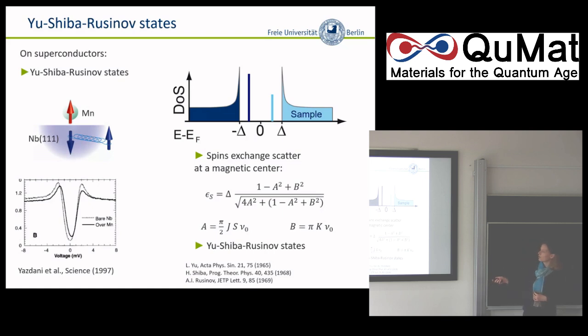But I think the most important thing to note is that exchange coupling dictates where your states are inside the gap. Now you also see that this should be symmetric in energy at positive and negative bias voltage, and this is because a superconductor is always particle-hole symmetric. So also your excitations should be particle-hole symmetric. That's why you should always see a pair of these Yu-Shiba-Rusinov states.